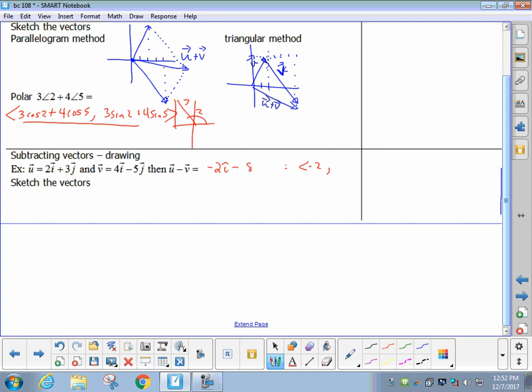Positive 8 j hat. I took 3 minus negative 5. I'm subtracting the I hat of u minus the I hat of v, and that's your total. Cool?